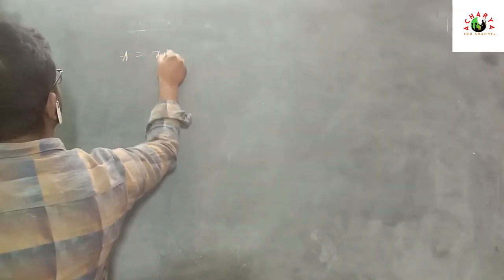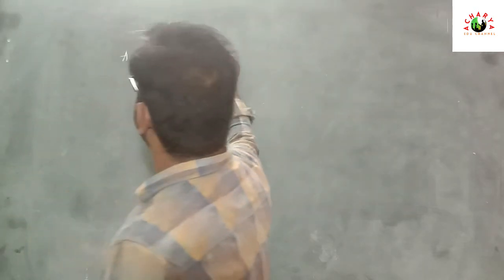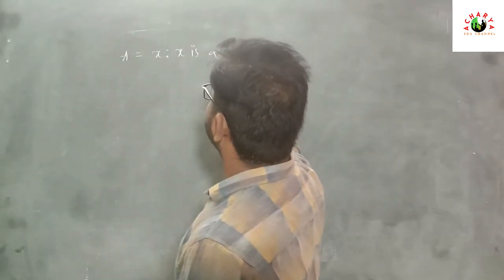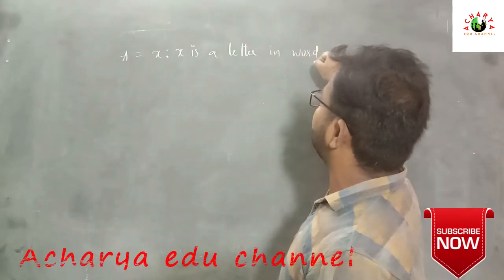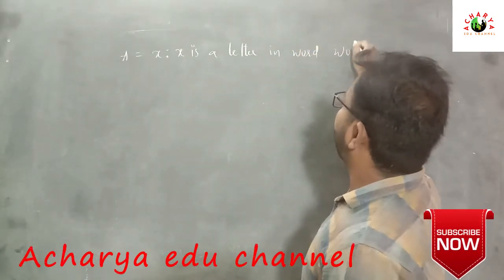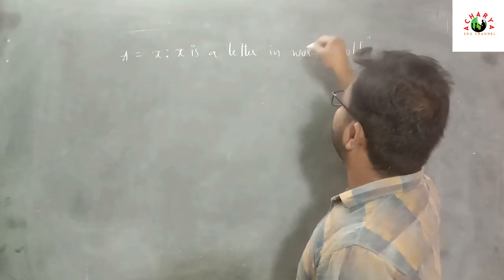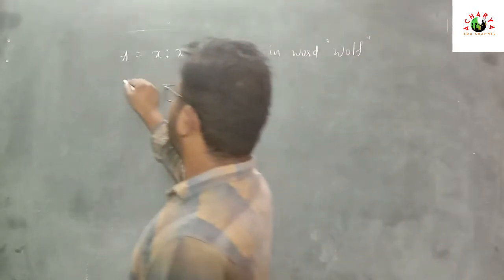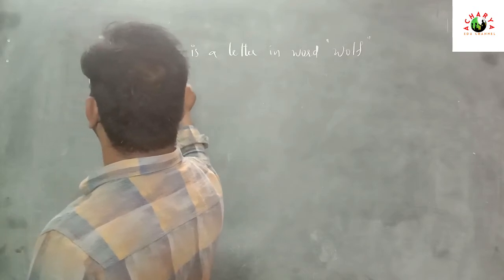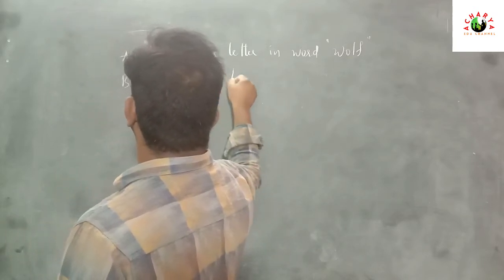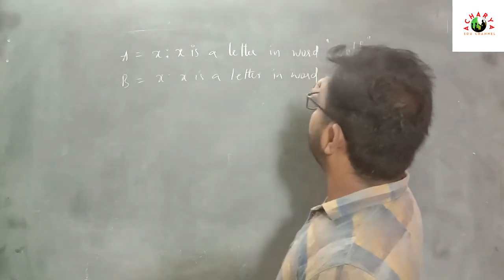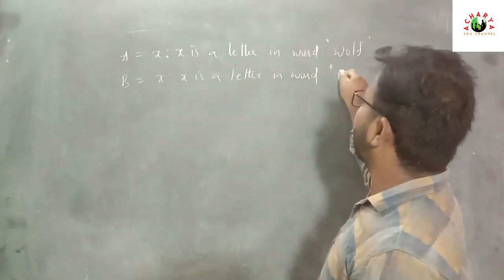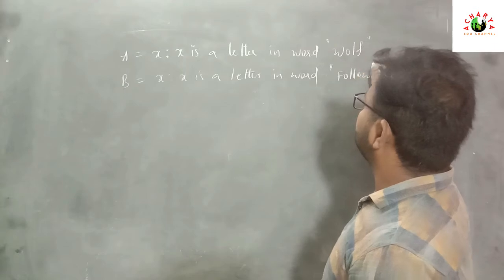A is equal to {x such that x is a letter in the word wolf}. Next, B is equal to {x such that x is a letter in the word follow}.